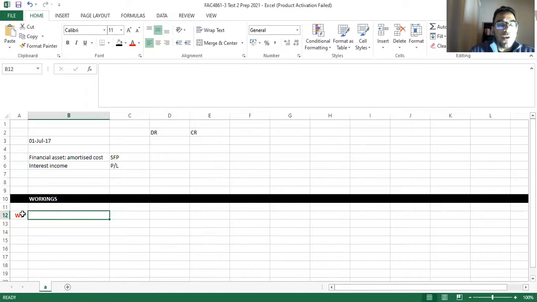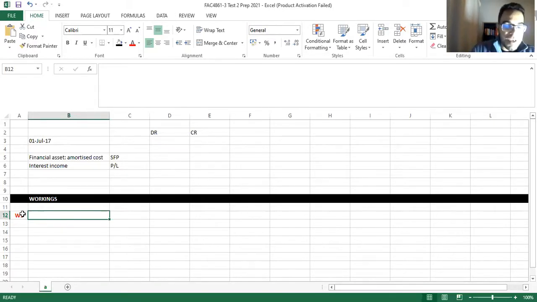The way you work out interest income is taking the present value at the beginning of the year multiplied by the effective interest rate. You would multiply it by 12 over 12 when it's a full year. But because it's only 6 months, we'll multiply it by 6 over 12. The present value at the beginning of the year is the amortized cost amount at 31 December 2016.